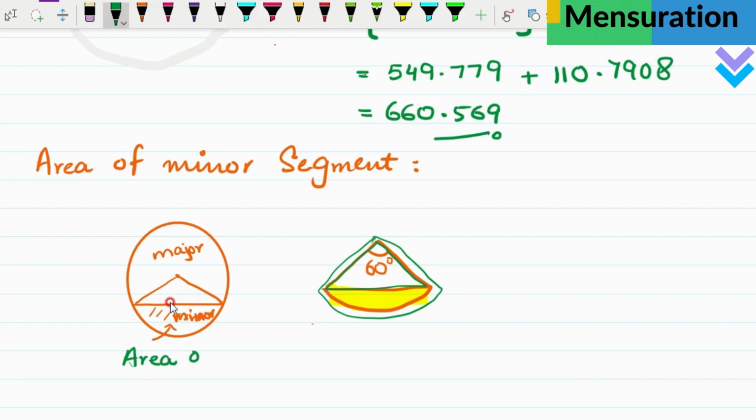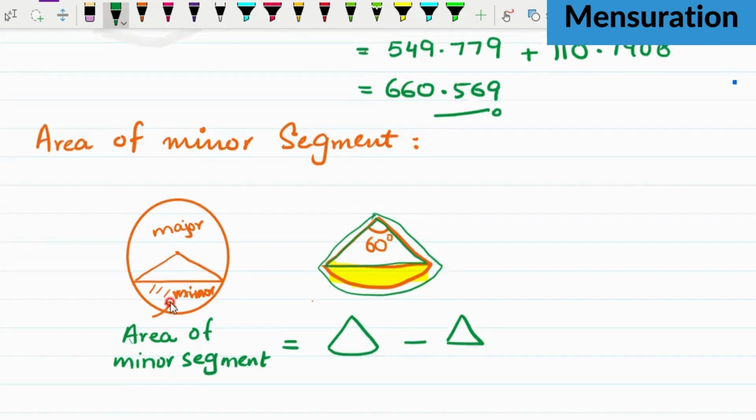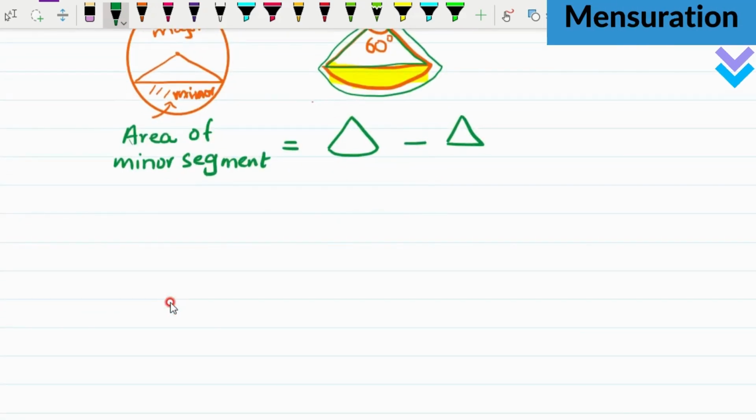For calculating the area of a minor segment, we need to find the area of a pizza slice, and then we will subtract the area of the triangle, right? So what is the formula of the pizza slice? That will be theta over 360 degrees into pi r square.